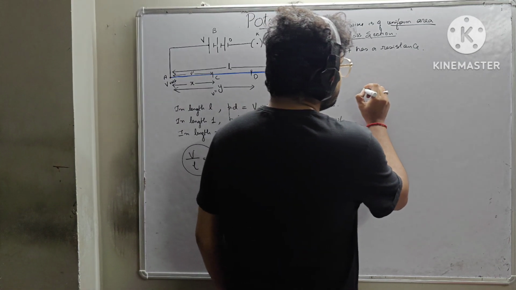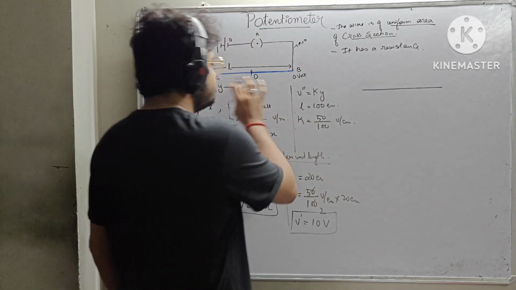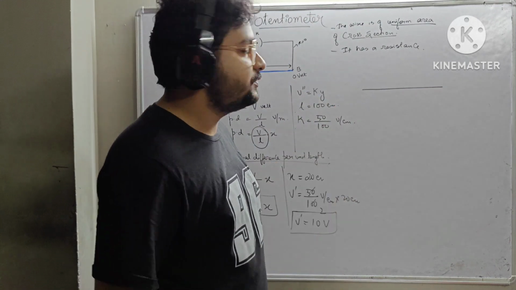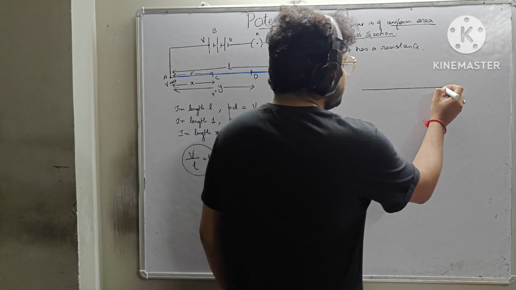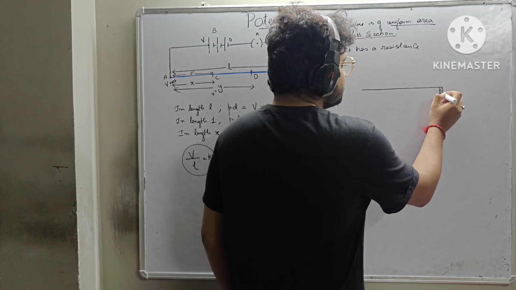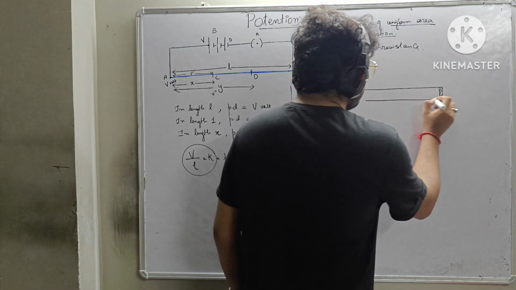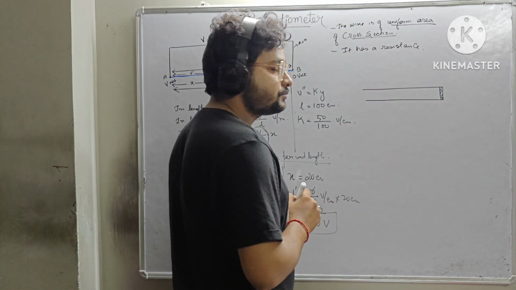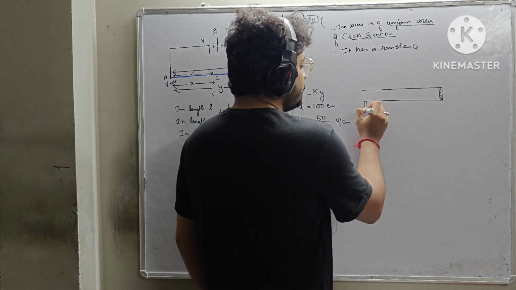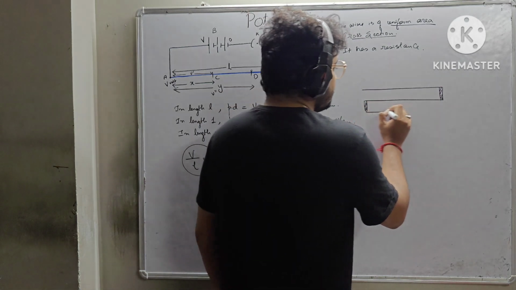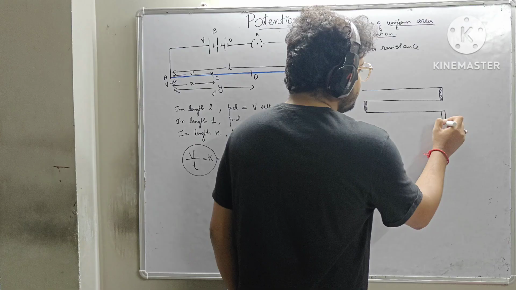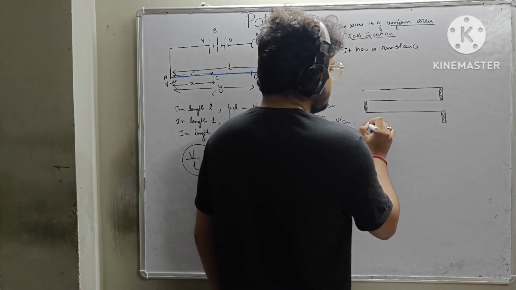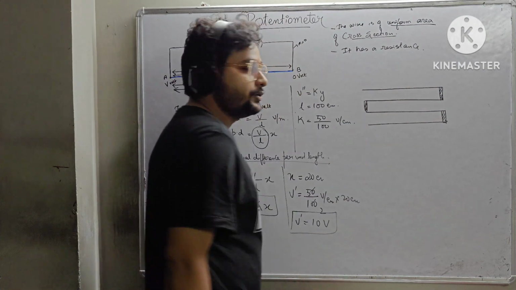Suppose this is one wire of 100 centimeter, and here we have a metallic strip, and one more wire we connect over here. Again we connect a metallic strip, and one more wire over here, and here we connect a metallic strip, and at last one more wire over here.